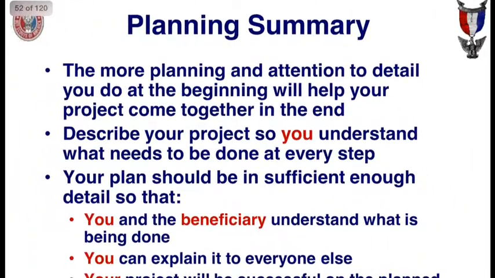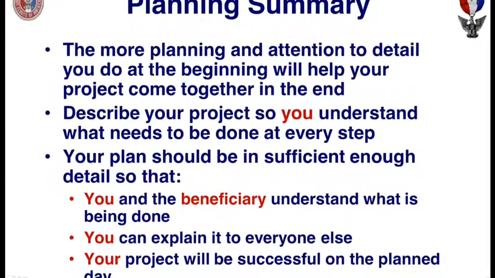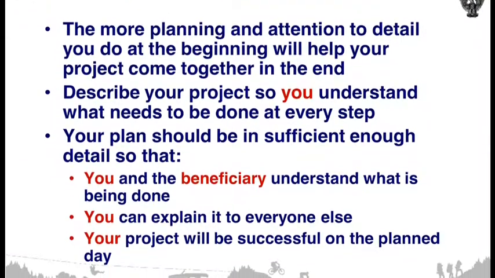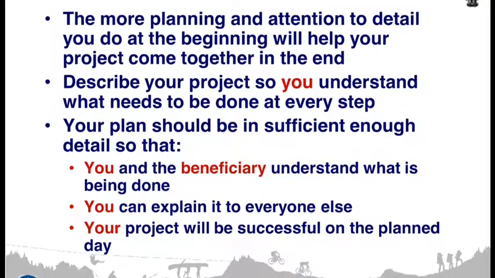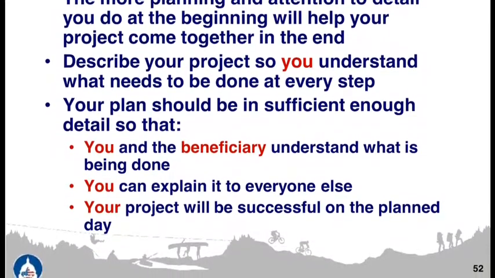The old adage goes in woodworking, you measure twice and cut once. So the more planning you do and pay attention to detail and share this information with your beneficiary, the less likely there will be changes at the time of execution.